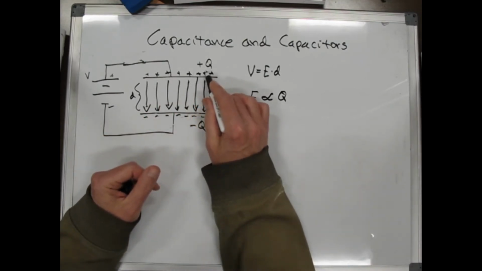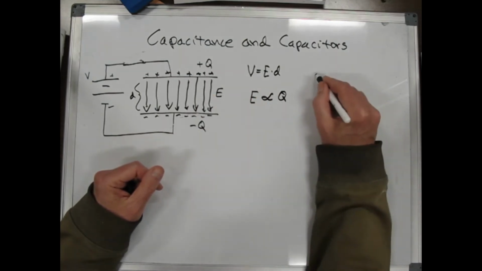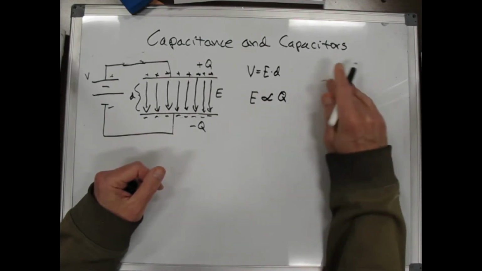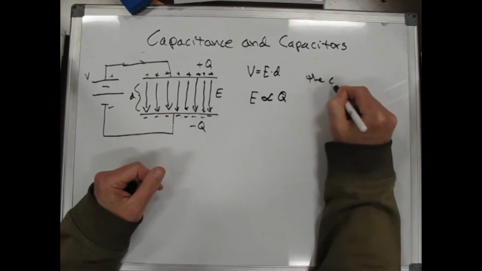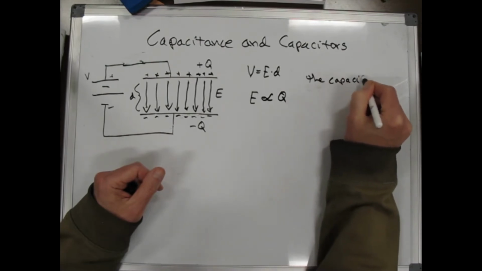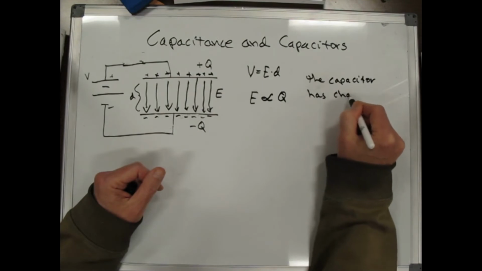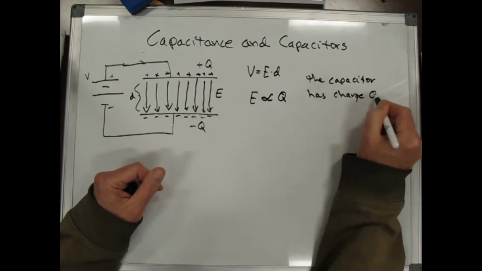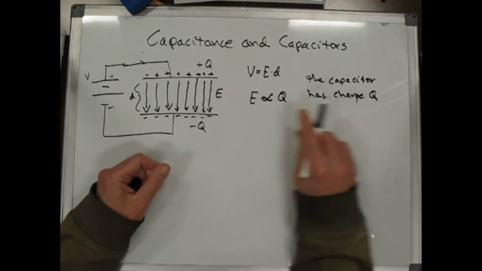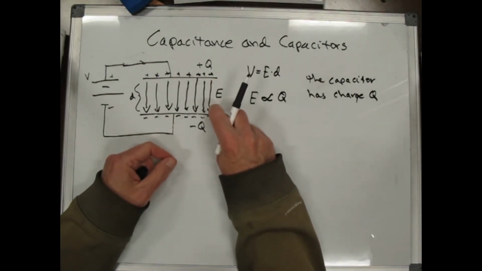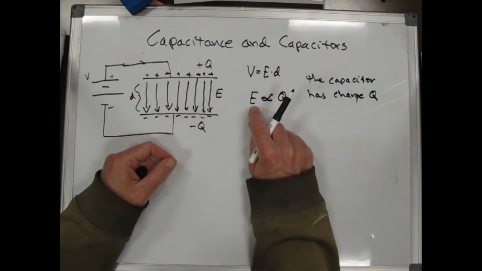And so, when a capacitor has plus Q on one side and minus Q on the other, we say, let me just write it this way. It has charge Q.